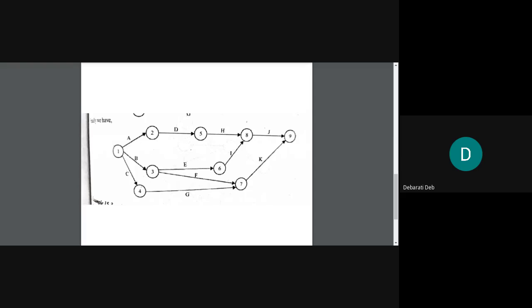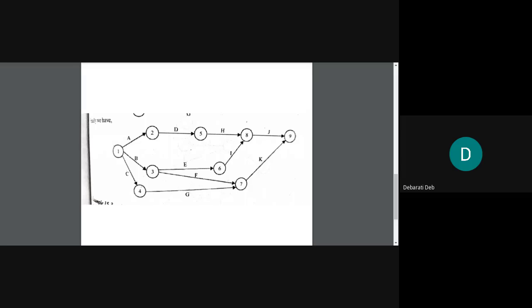So once you write all this, you will see that below C, D, E, F, G, H, I, J, K you have some activity. Only A and B do not have any predecessor, so below both A and B, you will put a dash.